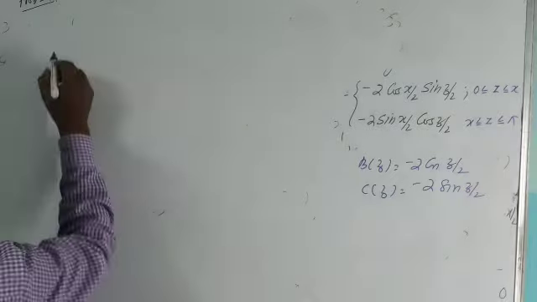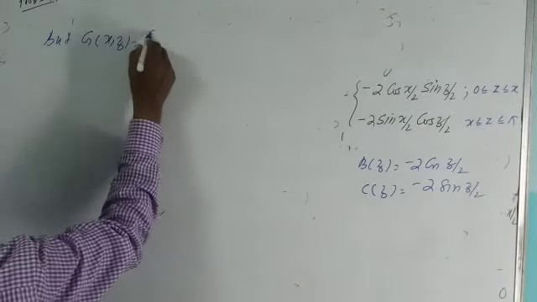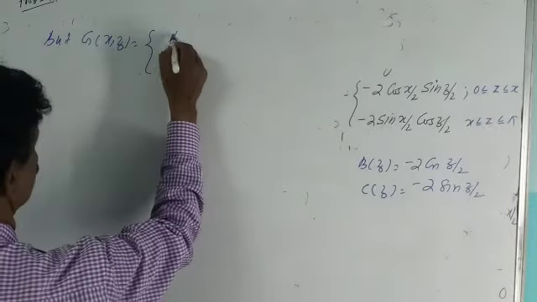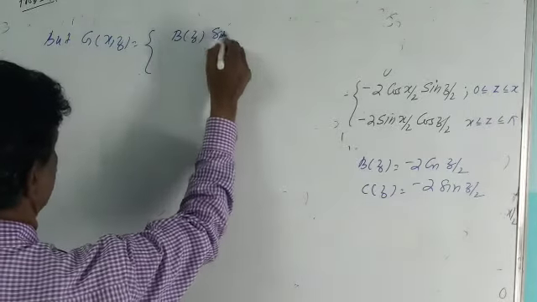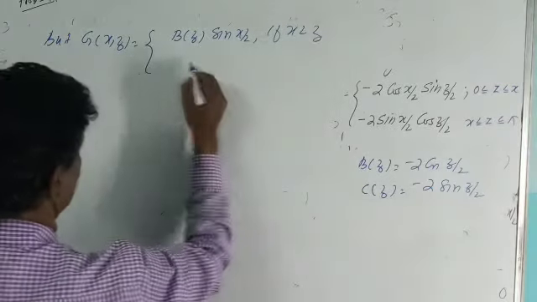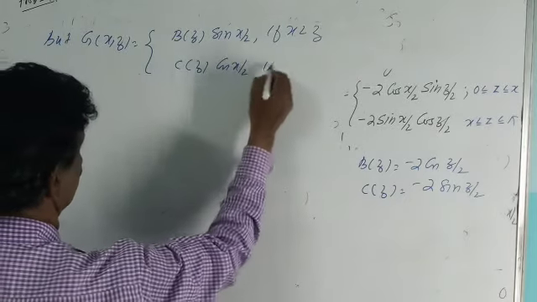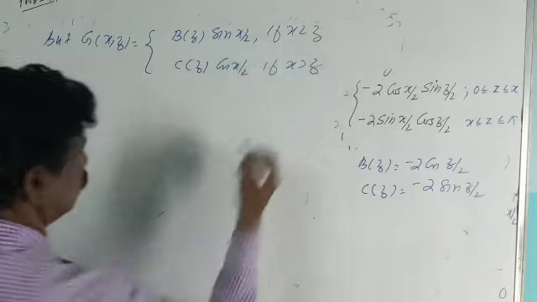But the Green's function is g of x equal to B sin x by 2 if x less than z and C cos x by 2 if x greater than z. Okay.